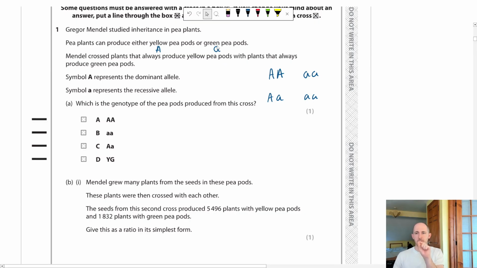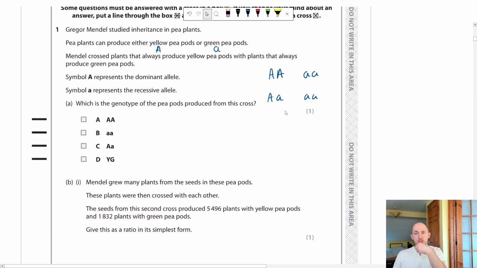So for the plants to always produce green pea pods, they must have both recessive alleles, right? Because it's recessive, you need two copies of the allele in order to present that genetic trait. Whereas with yellow being dominant, we can either have both alleles be dominant, or one be dominant and one be recessive, because the dominant one will win out.